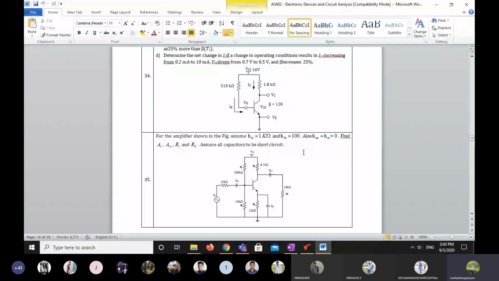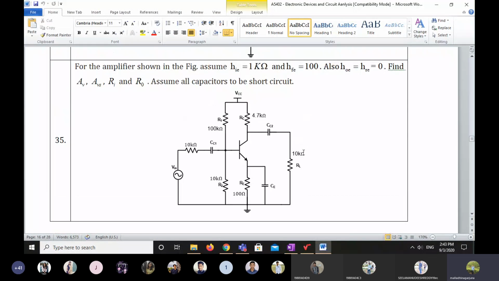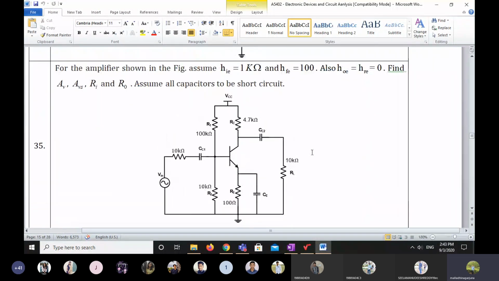Note down this 35th problem. This one you note down.